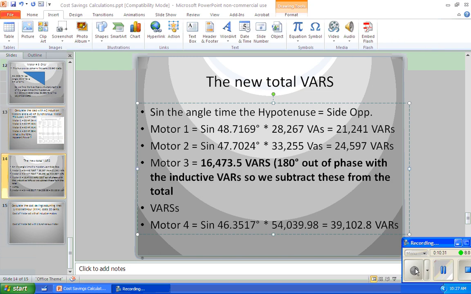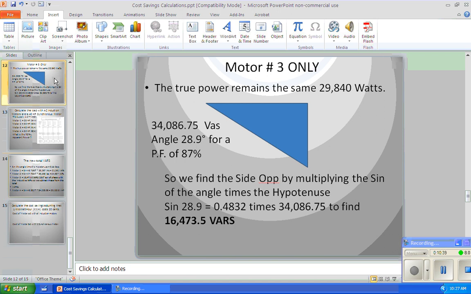All right, so this time we have our new triangle. Okay, so we did motor 3 only, and we found we had the same true power of 29,840 watts. We found that we had 34,086.75 VAs, and we had a phase angle of 28.9 degrees, and we had a power factor of 87%.